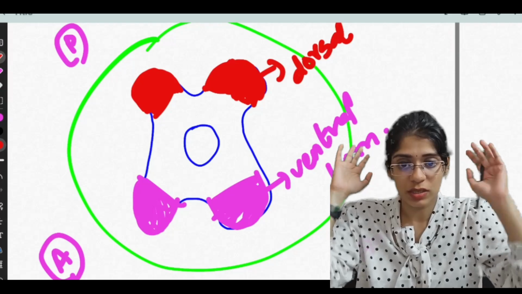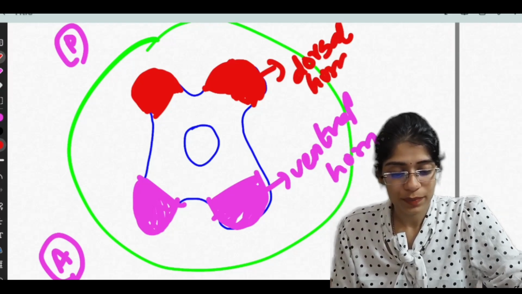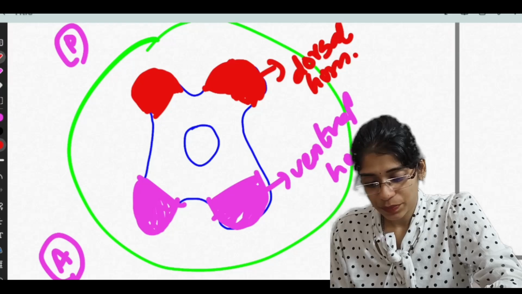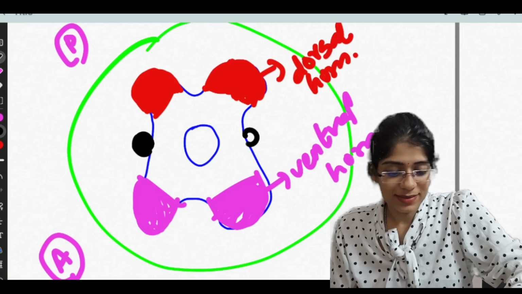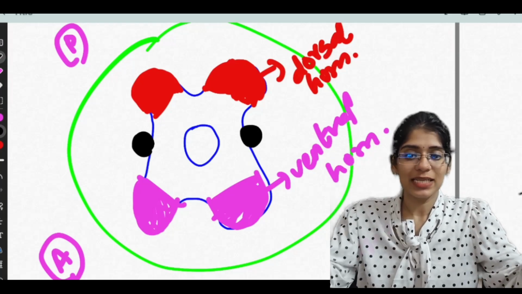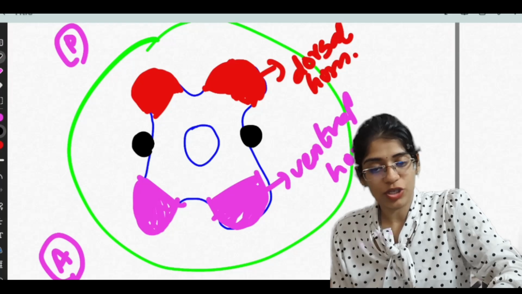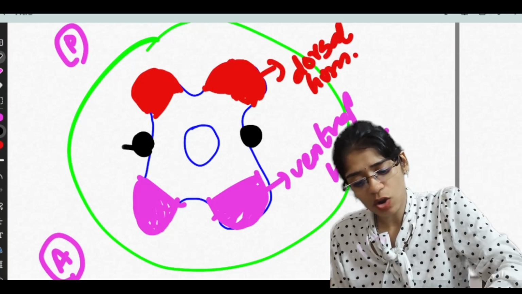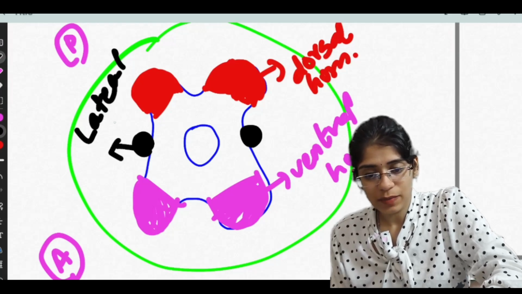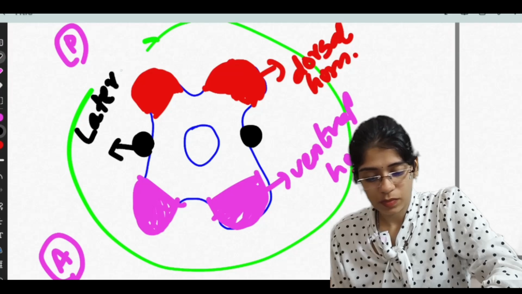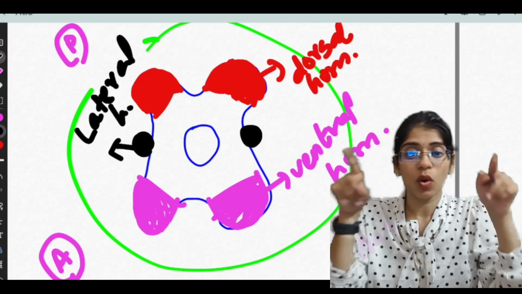Dorsal means posterior. Dorsal horn. And at the lateral sides you have other projections which I have drawn in black, and they are called, very simple, lateral horns.